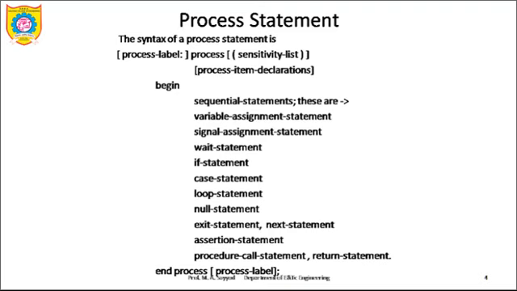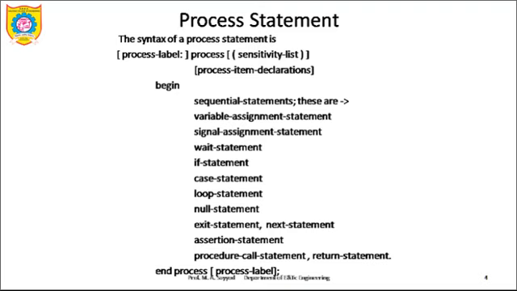For example, if I write process with A in brackets, it means whenever there is an event on A. And what is an event? If the value of A changes from 0 to 1 or from 1 to 0, both are considered an event on A. Here again, process also has a keyword begin, and before the keyword begin it is the process item declaration.